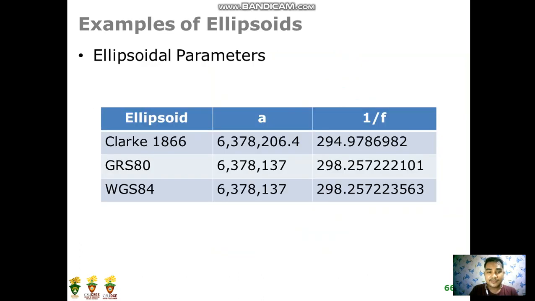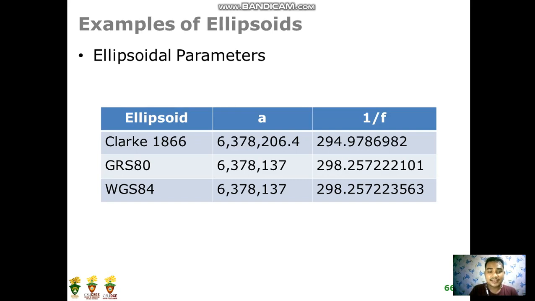So here are the ellipsoidal parameters. For Clark 1866, we have a semi-major axis of 6378206.4 and an inverse flattening, or 1 over f, equal to 294.9786982.